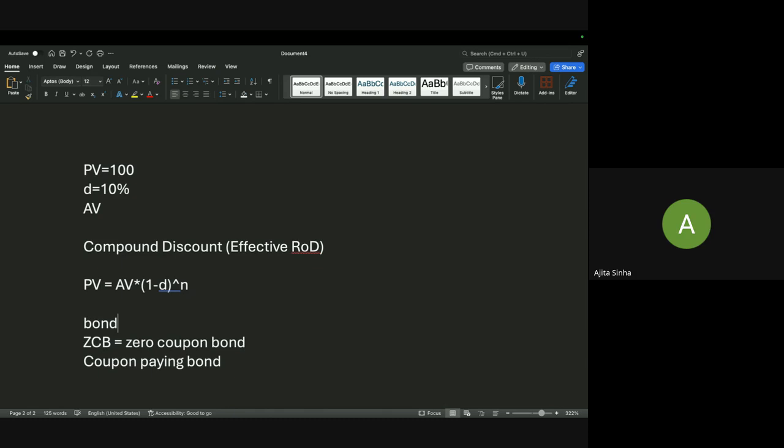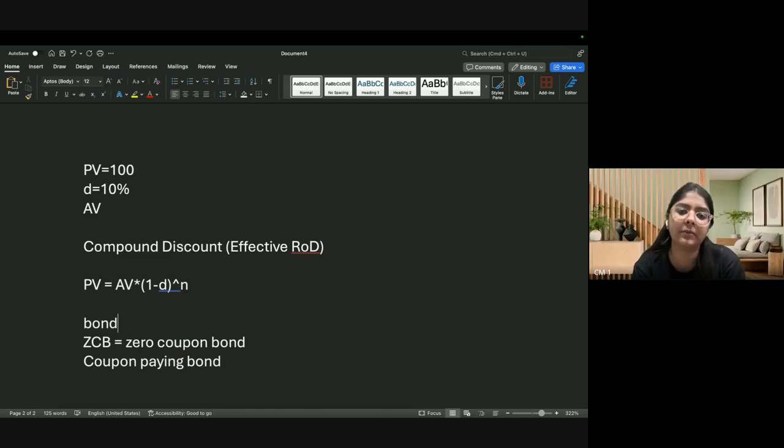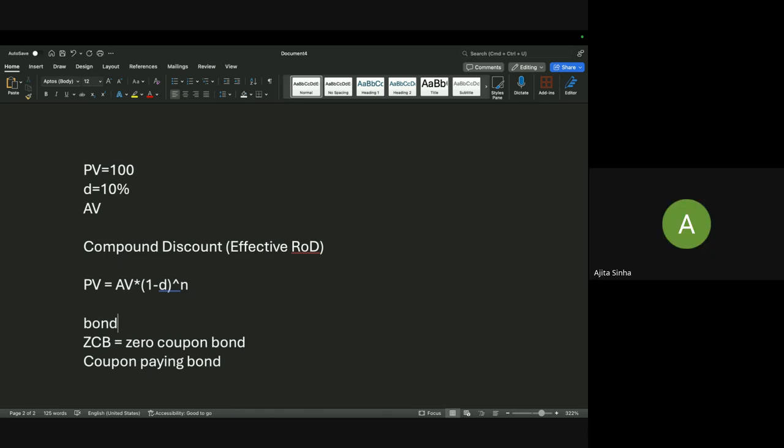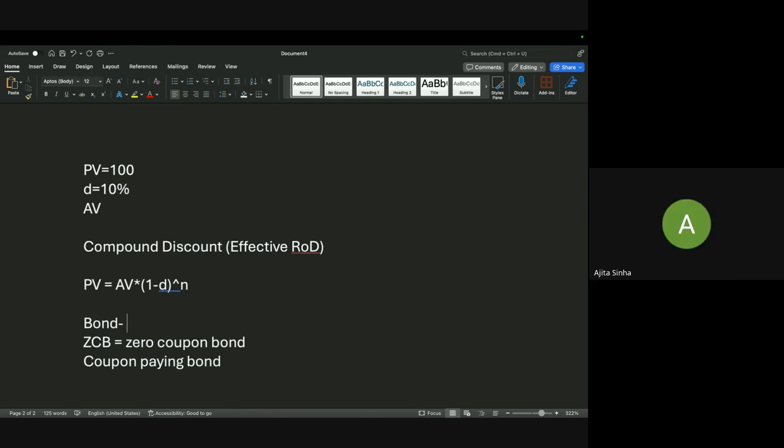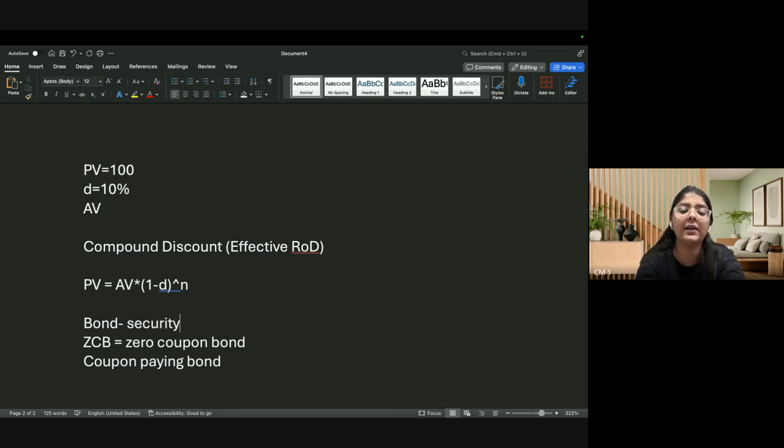So what is the difference between the two? See, a bond is a security that people invest in, and this bond will be a certificate that will contain all the details of the loan. Okay. So now these are the different types of bonds.